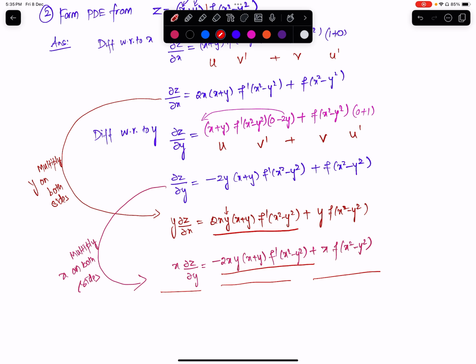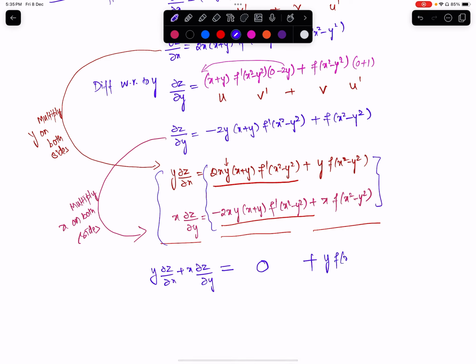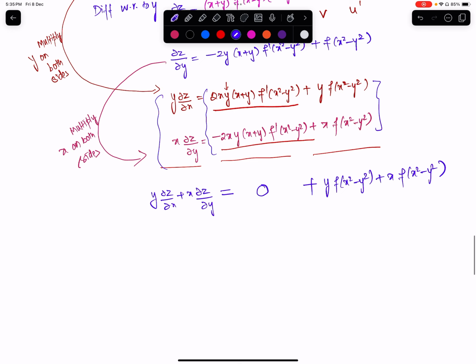When I add, what do you get? y ∂z/∂x plus x ∂z/∂y. When I add these two terms, you will get 0 because both are the same with a different sign. Then plus, when I add this, you get y f of (x² minus y²) plus x f of (x² minus y²).